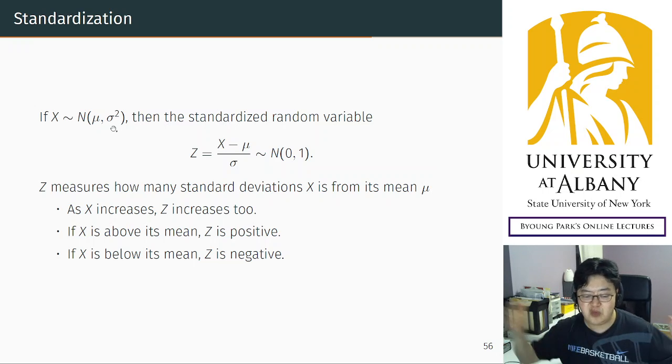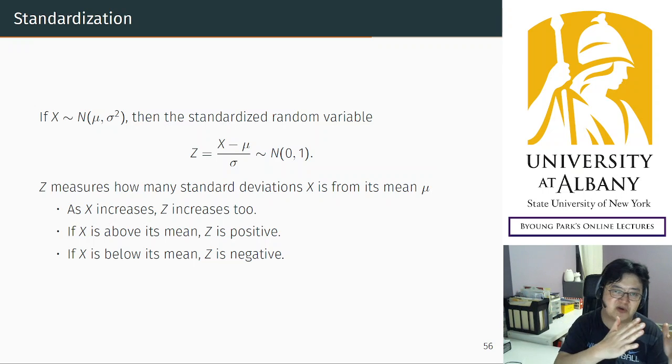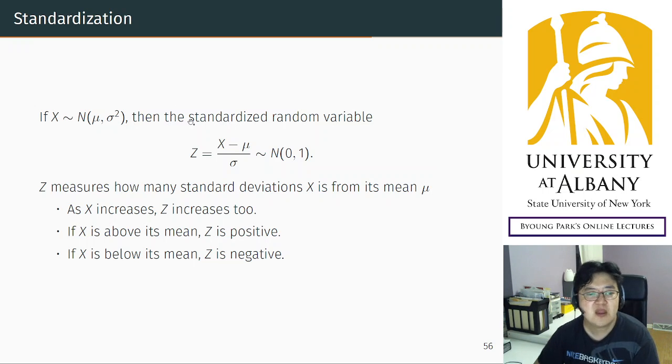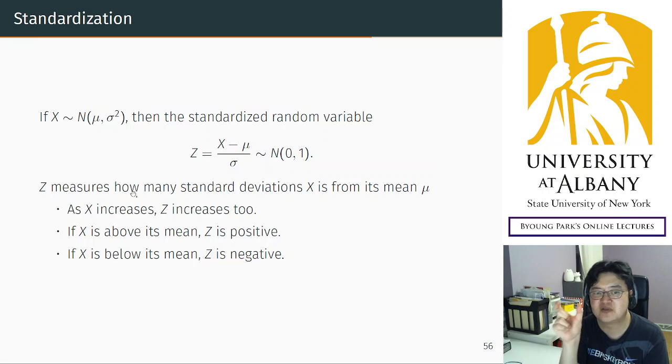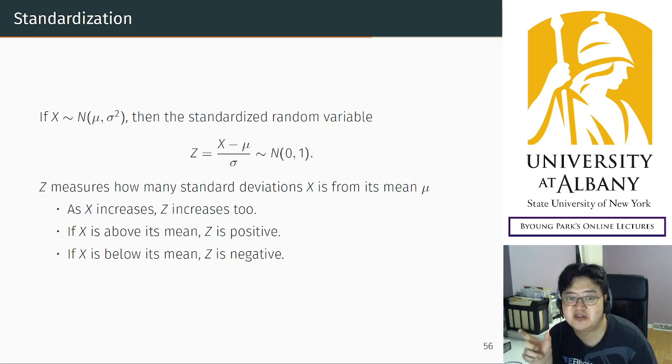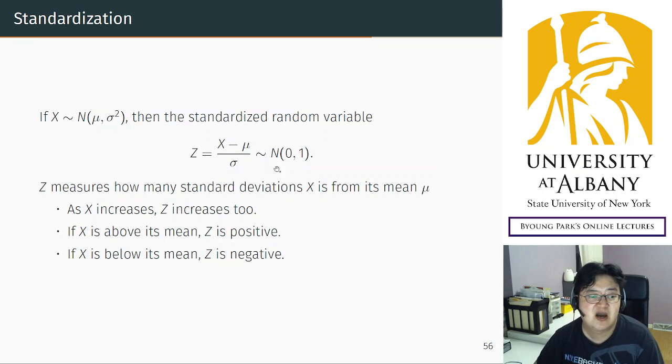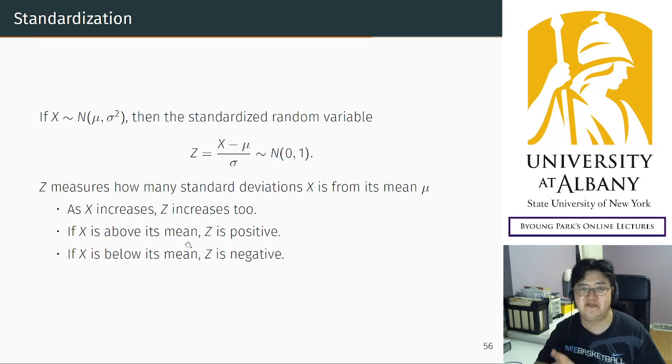So we recentered it to 0 and rescaled it to 1. Then Z measures the distance from the center in terms of standard deviation. That's how we interpret the standardization. If X is above its mean, Z is positive. If below the mean, then negative, which is obvious.